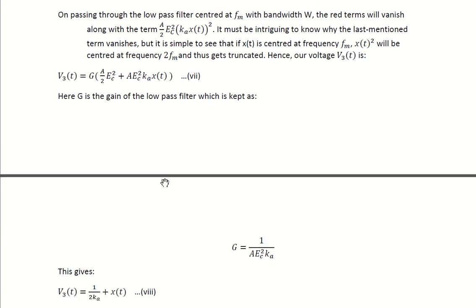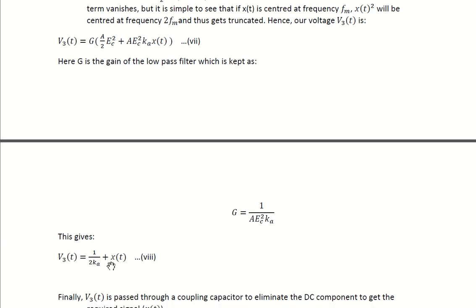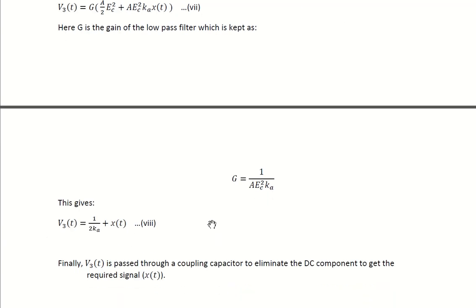If we take G to be 1/(aEc²k), we get V3(t) equals 1/(2k) + x(t). On passing this voltage through a coupling capacitor, we will get the required x(t), because x(t) is an AC signal. On the other hand, this 1/2k is a DC component which will be eliminated by the coupling capacitor.